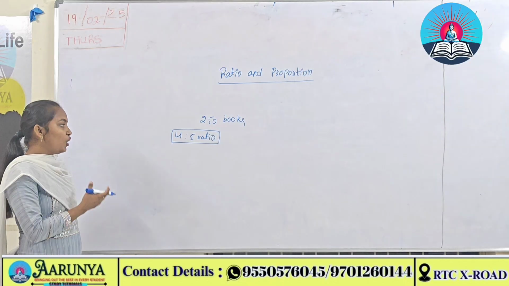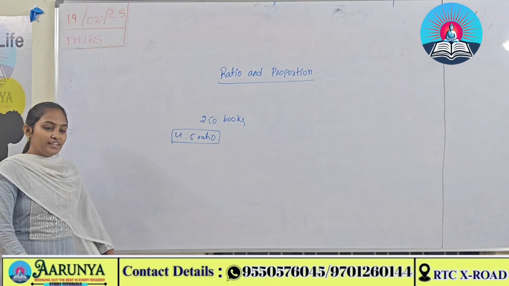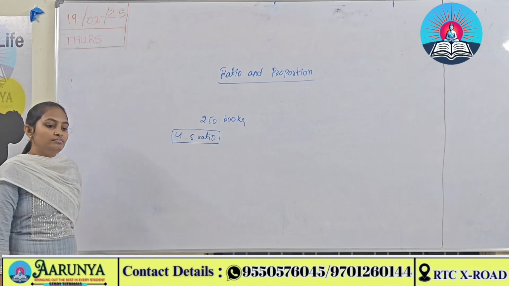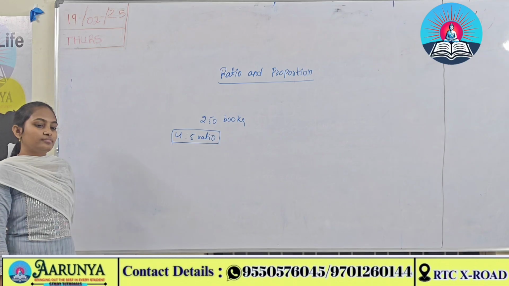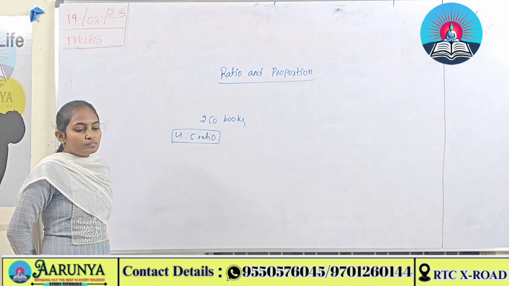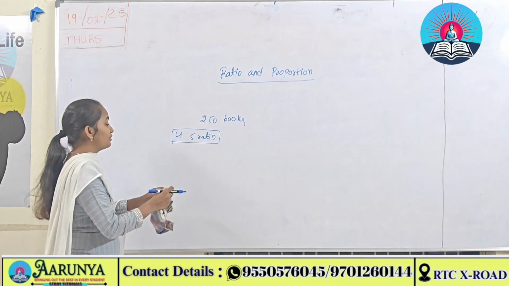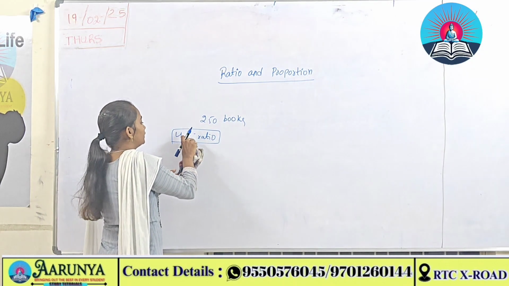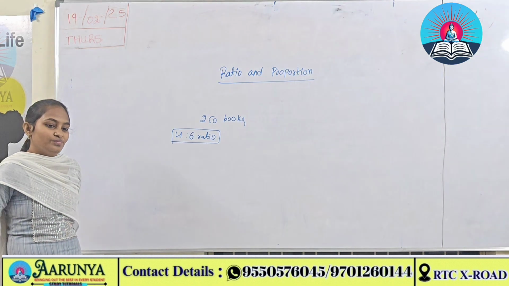Can you tell how many books go to Hanish and how many books go to Likit? In the same way. Wait, I will change the ratio, otherwise it is very difficult for both of you, I think. I will write here 6. Okay, now you can do.